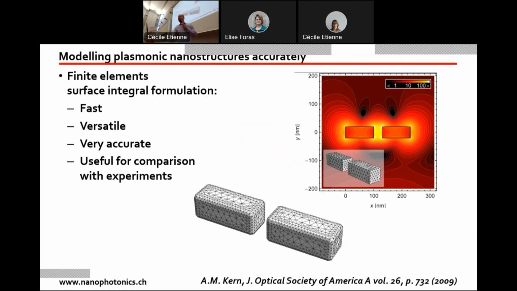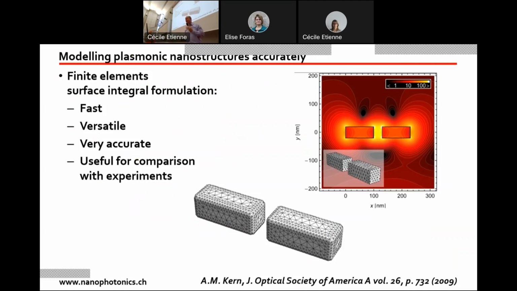So I'd like to give you just a very brief hint about what we are doing. We've been developing numerical techniques for many years. The latest we have developed is called the surface integral equation, which is basically solving Maxwell's equations not in the derivative form that we maybe all know, but in the integral form. The detail is not very important anyway. The interesting issue is that with that approach, you only need to discretize the surface of your object.